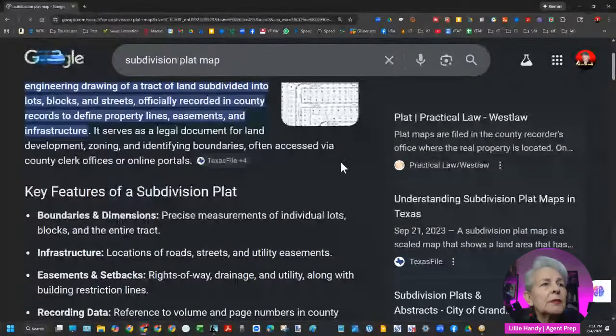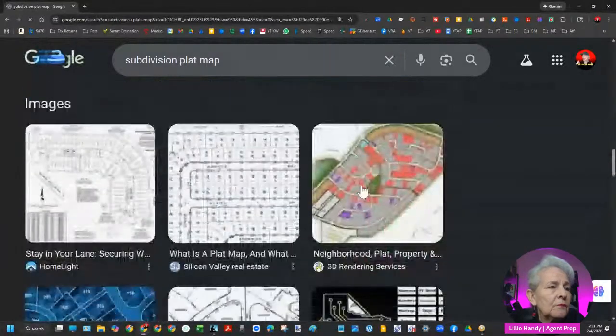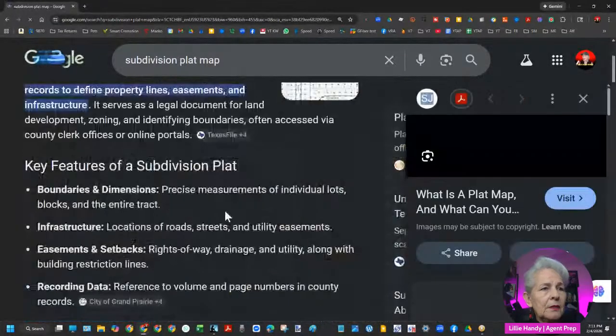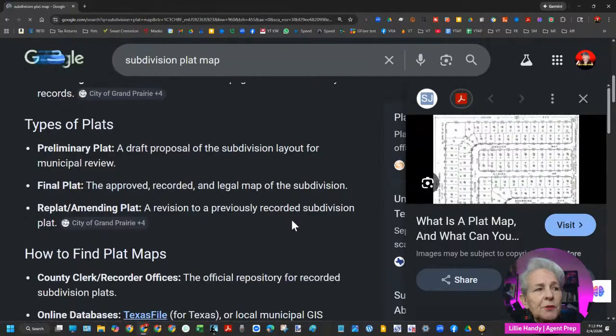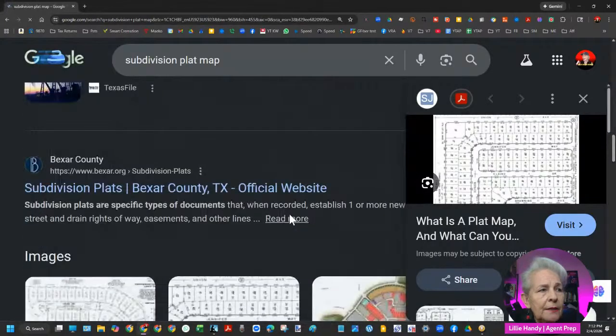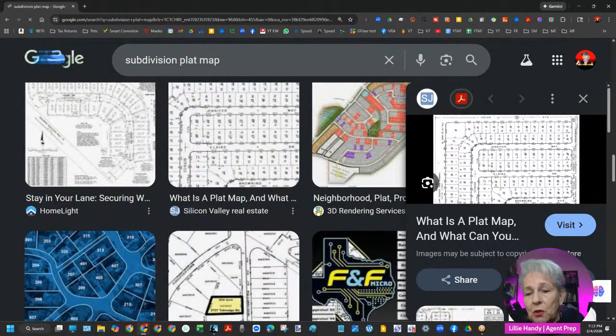The picture, it won't let me show you. Oh, here. So these here are subdivision plats. So it's a large piece of land that was subdivided into multiple pieces, and each one becomes a residential property. So this is a residential development, subdivision, and that developer may have additional control.